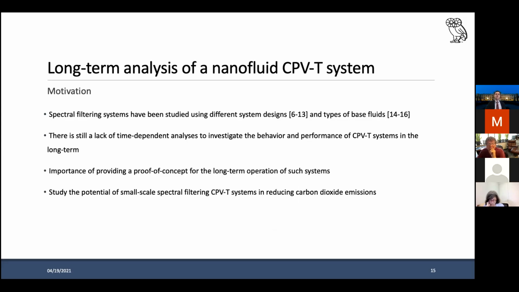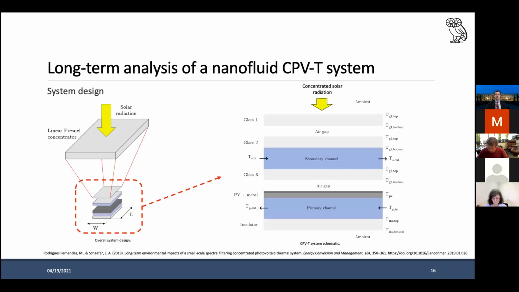The long-term analysis developed in this work provided a proof of concept for the application of spectral filtering CPVT systems on the small scale and highlighted the potential of these systems to reduce carbon dioxide emissions.